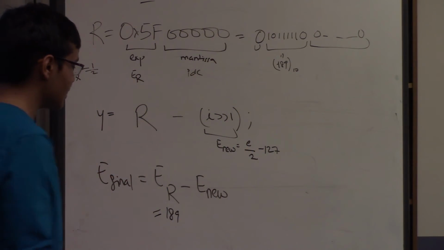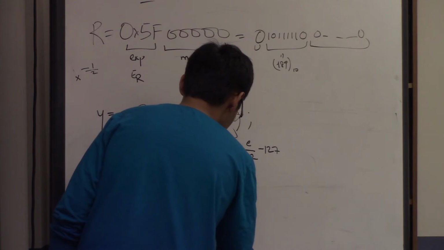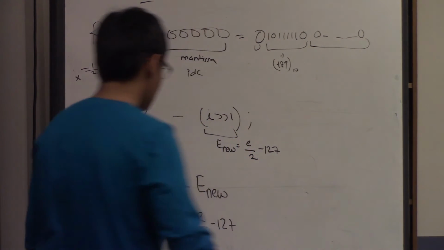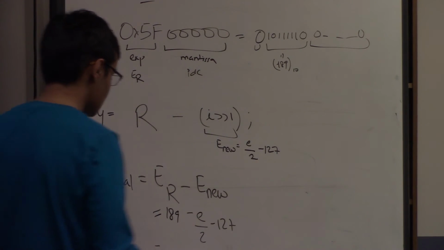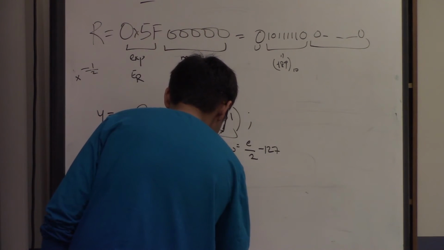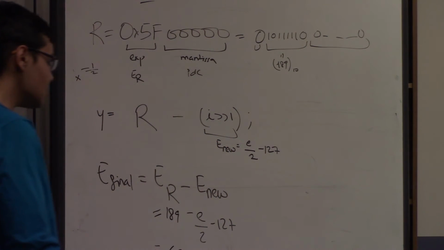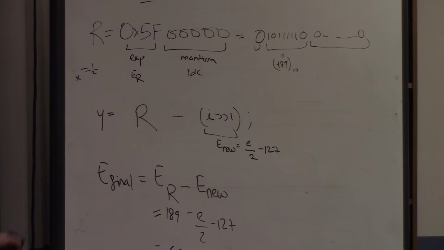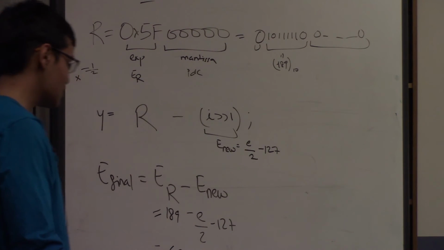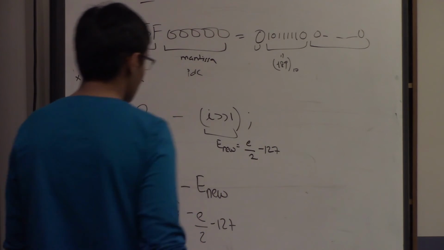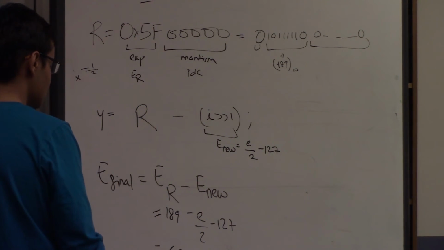So this is 189, and this E nu we've computed here, E over 2 minus 127, and then we get 262 minus E over 2. So now this obviously is not equal to minus half. It really depends on what this value of E is. Okay, and here obviously E is biased by a factor of 127.